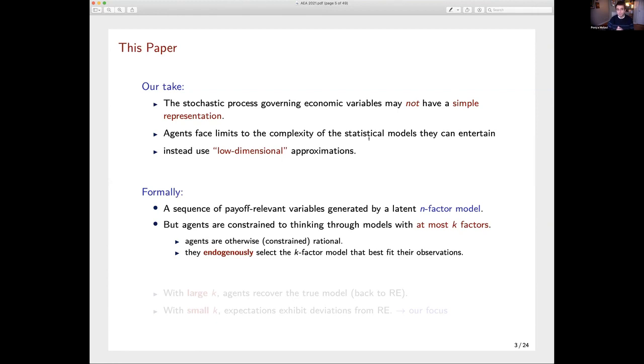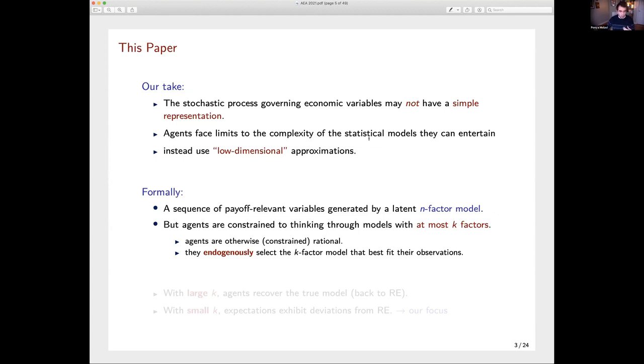The only departure from rational expectations is going to be that they're going to only hold and update beliefs over the set of k-factor models. Now, which k-factor models they're going to choose, that's going to be something that's determined endogenously by the agents as they update their beliefs. And we're going to show that endogenously in the long run, the agents will select the k-factor model that best fits their observations in a sense of Kullback-Leibler divergence.